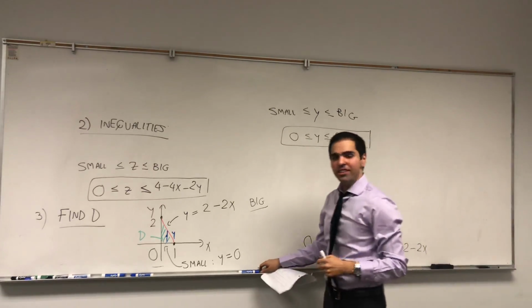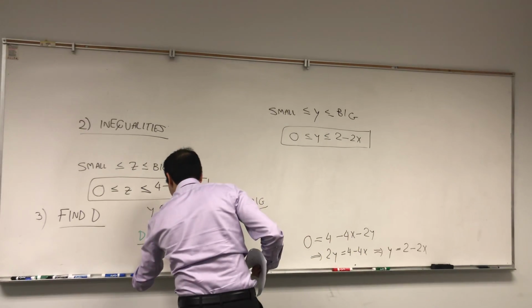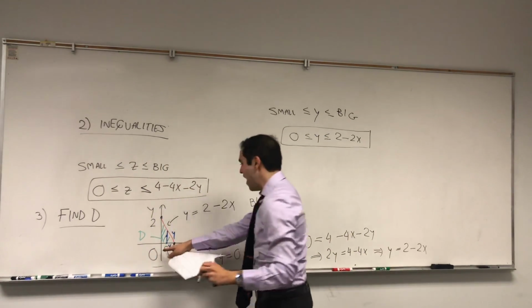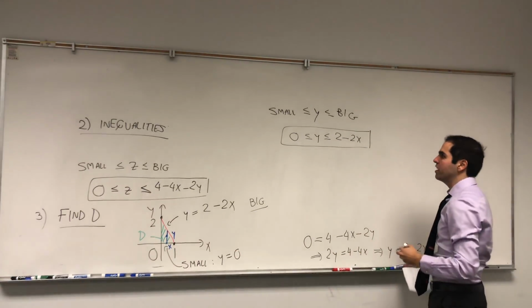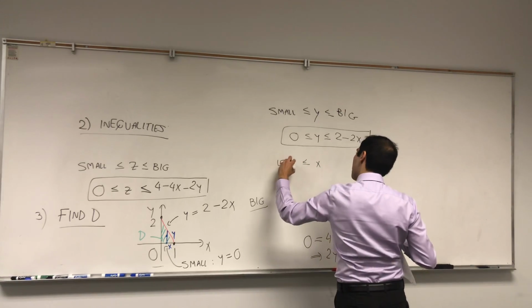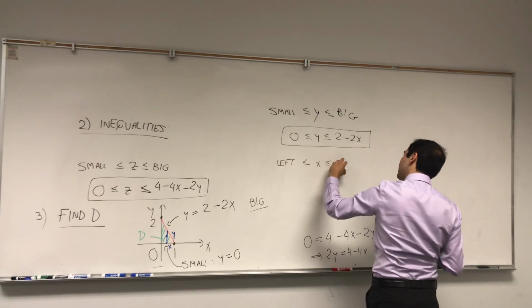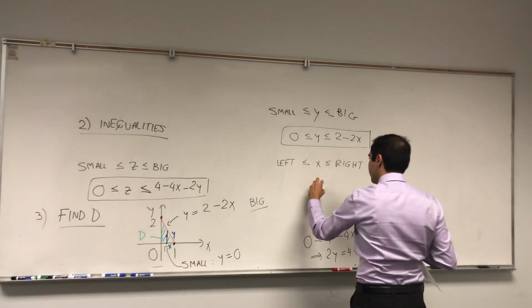And last but not least, this gets a bit messy, but what is x? Well, x just ranges between the leftmost point and the rightmost point, which in this case you need to have constants.